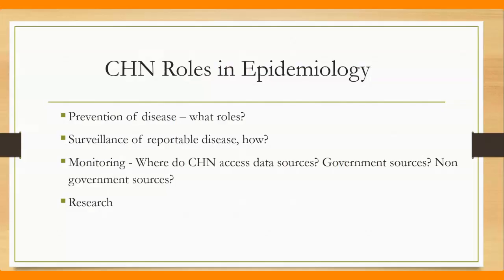So what are the roles for CHNs within the epidemiology? So it is really to prevent the disease. So what roles do you have? How do you prevent the disease as a community health nurse? How about surveillance of the disease, and monitoring and research? Access to resources. The government gives specific guidelines to follow for each specific municipality, for example, or public health, right?